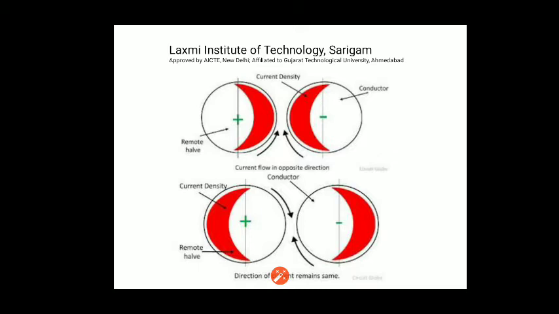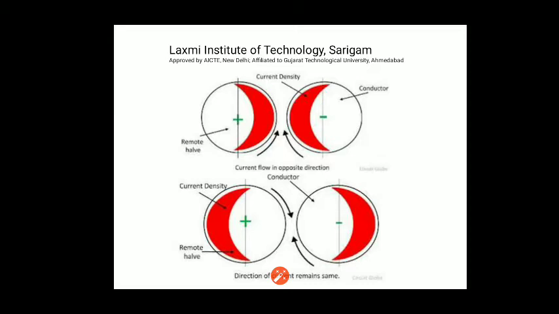As shown in the diagram, two conductors are installed in parallel position. In the first figure, the current flows in the opposite direction, and in the second figure the direction remains the same. The conductor is mainly divided into two parts, the inner part and the outer part. In the first figure we can discuss the inner part.